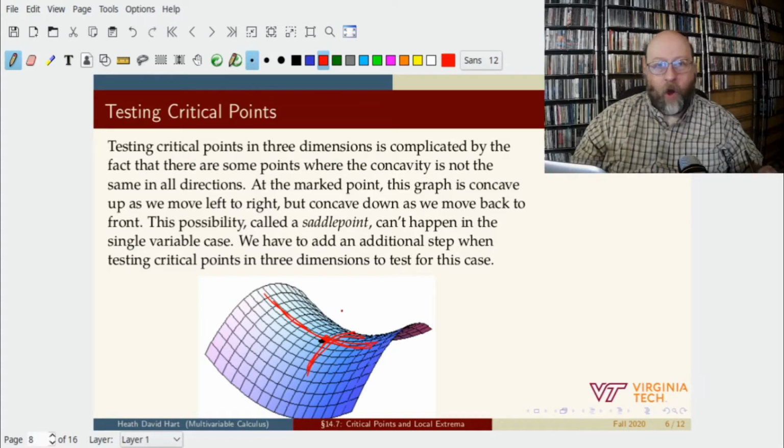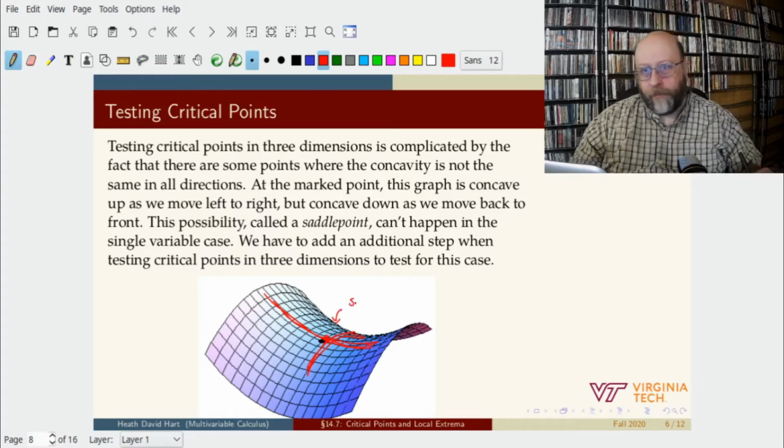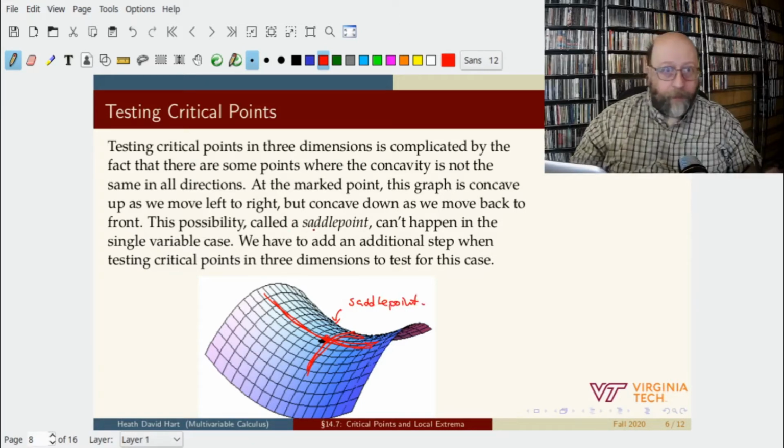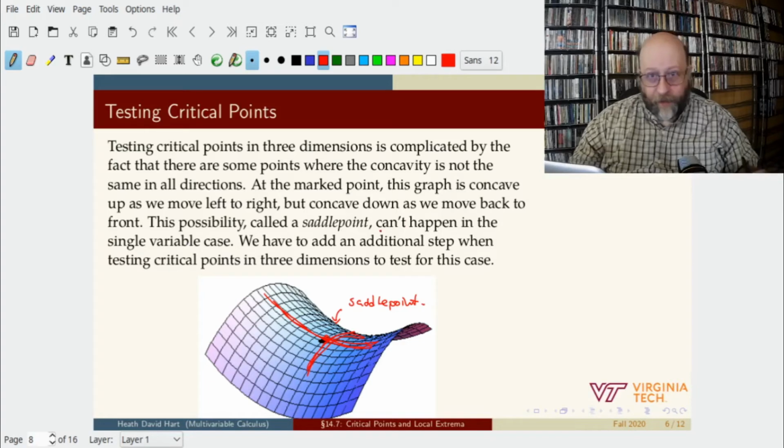We call this point a saddle point, because it has 2 different concavities at the same point. It's concave up in one direction, it's concave down in the other direction. And that can't happen in a single variable case.